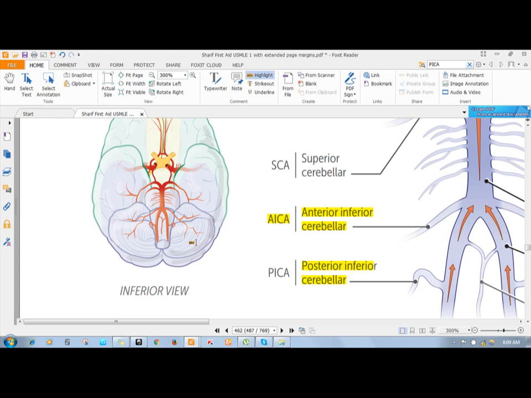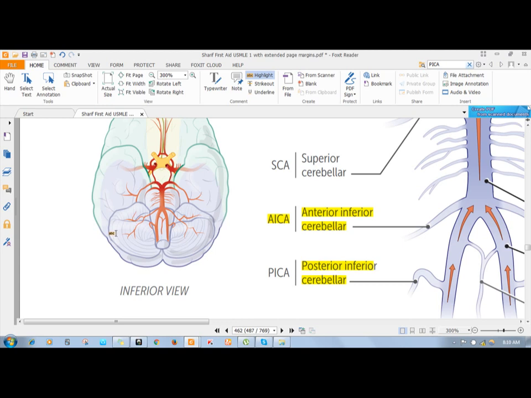They not only supply the cerebellum, but also the lateral part of the medulla, because up to this line, this is the medulla, and this is the pons. And I think this artery, the anterior inferior cerebellar artery, should be a bit higher, because it supplies the cerebellum but also the lateral surface of the pons. And above the pons you have the midbrain.